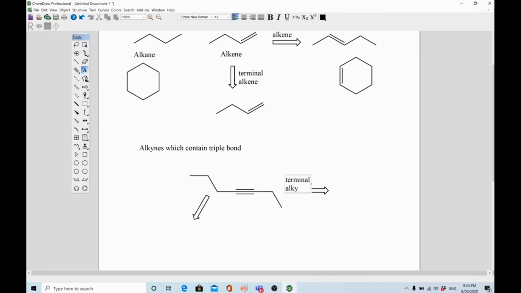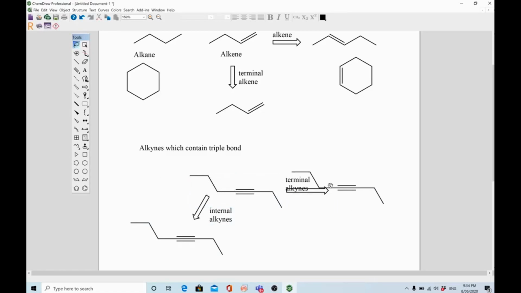You can also prepare alkenes from alkynes. This is another video I will make where you can interconvert functional groups. The definition of internal and terminal is the same. If you have a triple bond in the middle of the chain, like in this example, it's called internal alkyne.